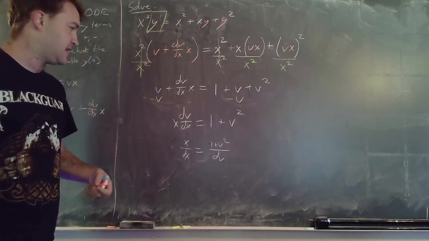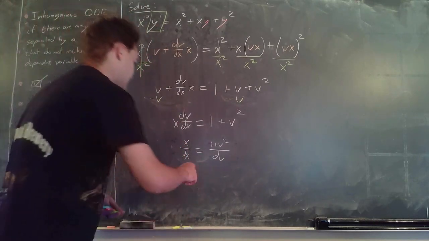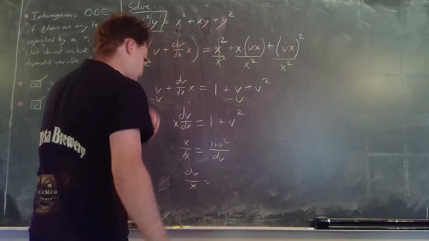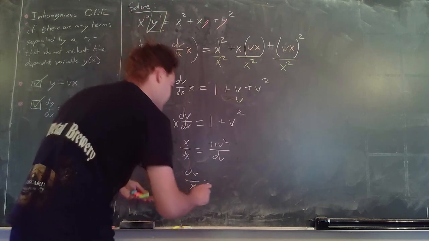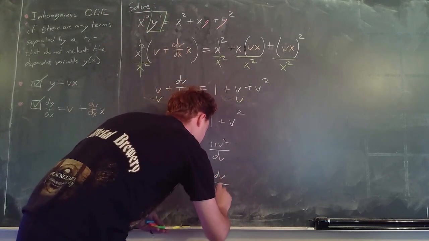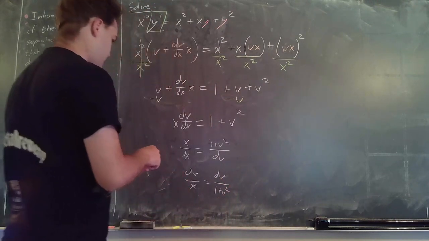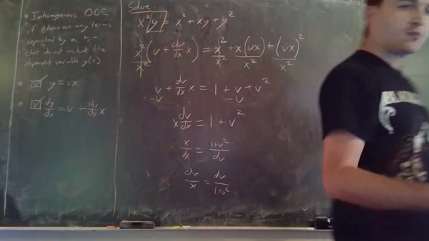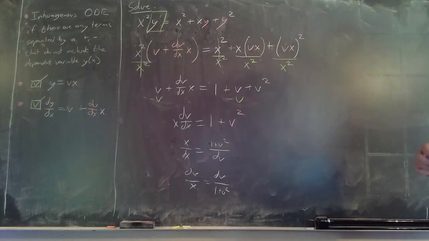You can see that it's very easy to just do the reciprocal of this thing. So we get dx over x here is equal to dv over 1 plus v squared over here. And now I have a nice, easy expression which I can proceed to integrate at this point.